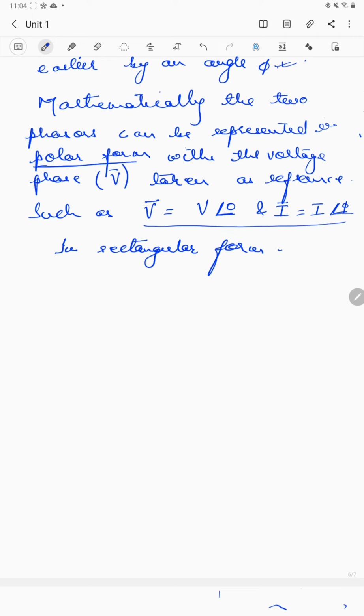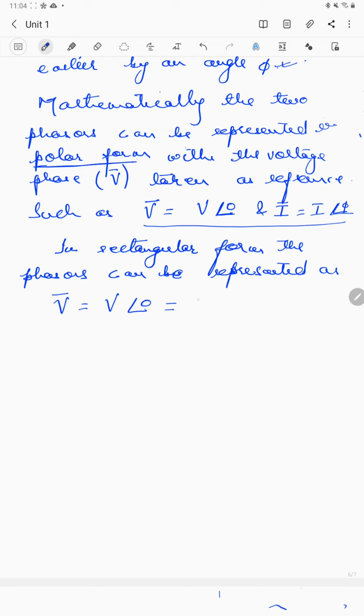The phasors can be represented as V, which was in polar form V angle 0, and in Cartesian or rectangular form it can be written as V plus J0.